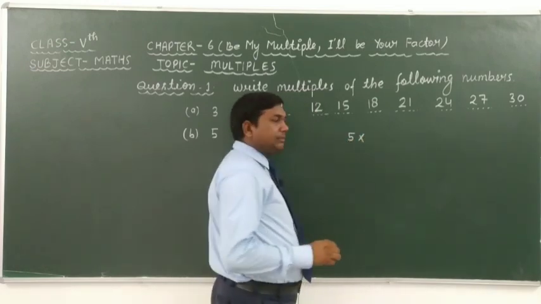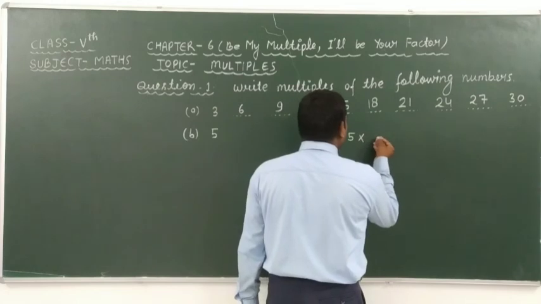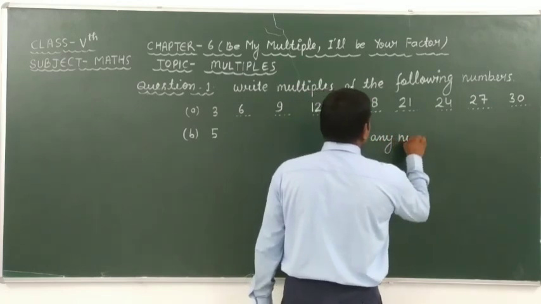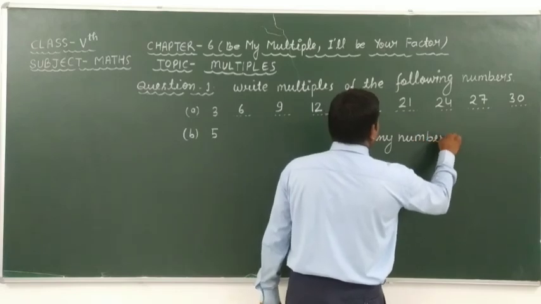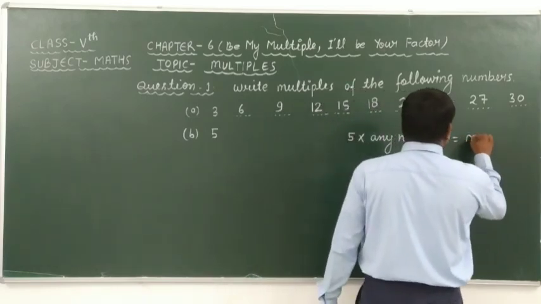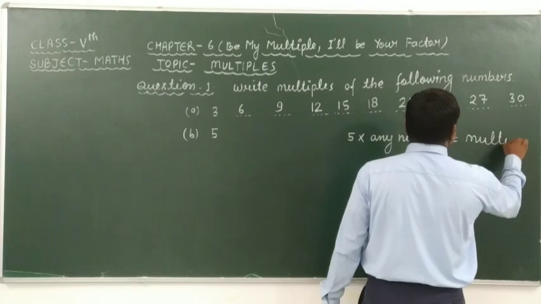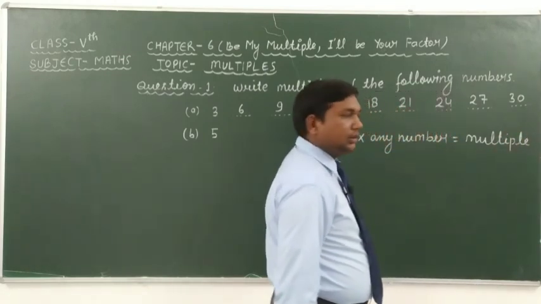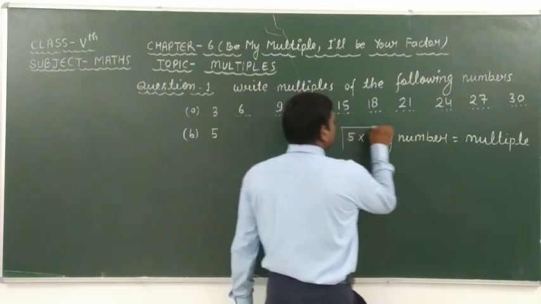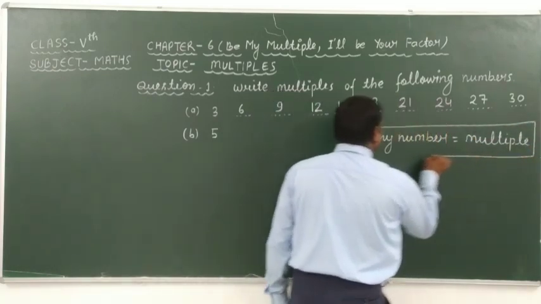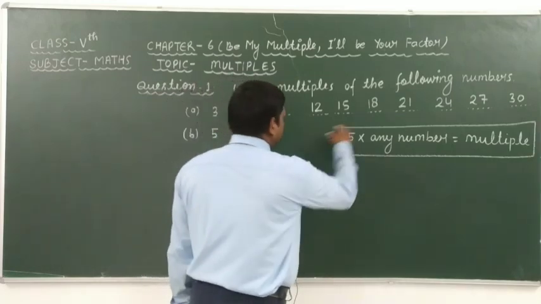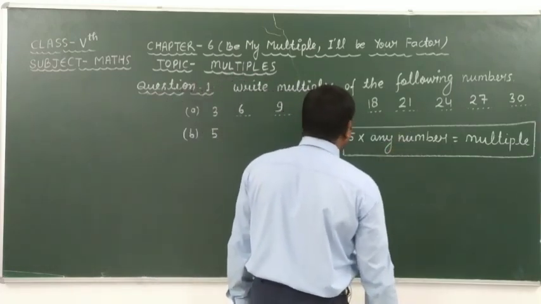If we take the multiplication of 5 by any other number, then we get its multiple. We use this formula and we get all multiples of the given number.